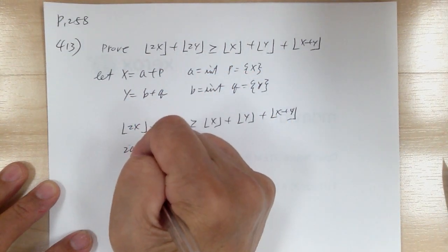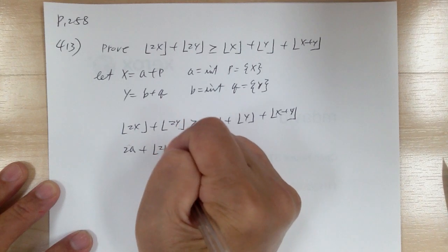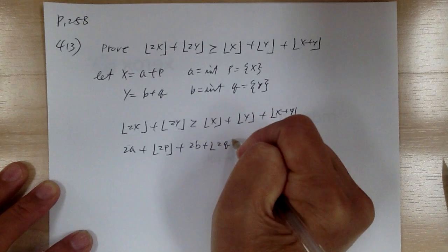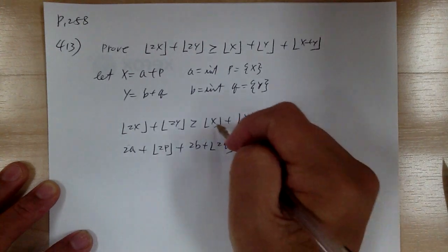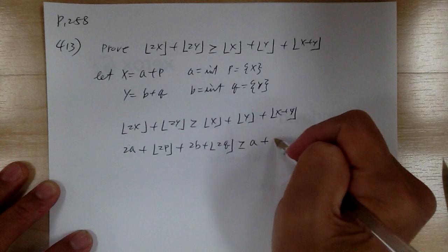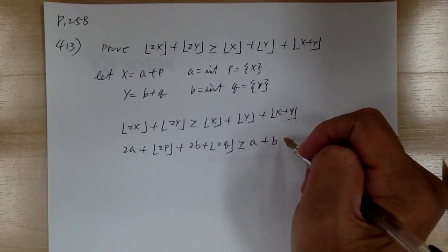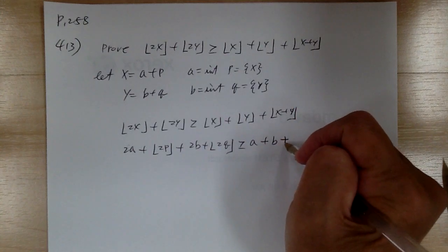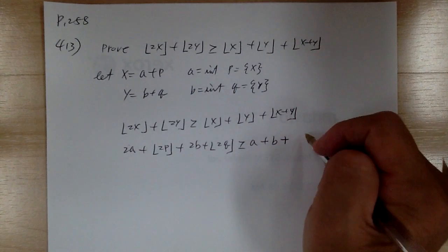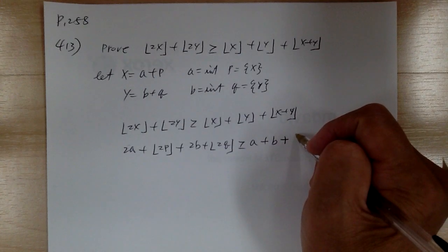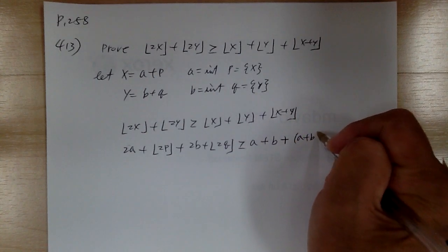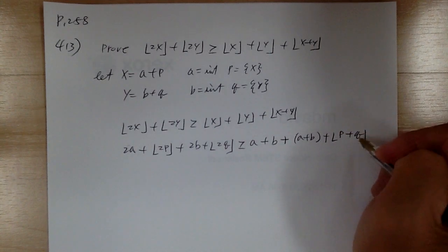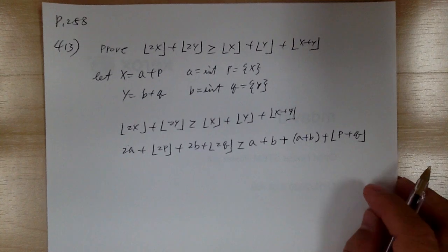So this will be 2a plus 2p plus 2b plus 2q is greater than or equal to a plus b, plus this part over here, the a plus b part, plus p plus q.